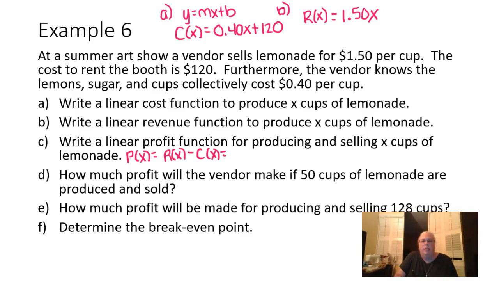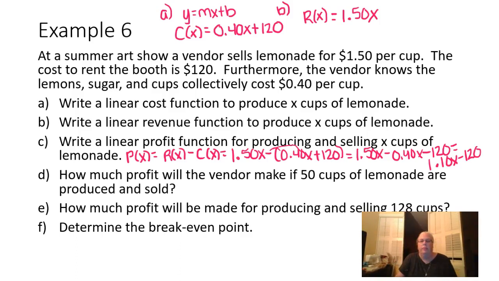In this case, this is going to be 1.5x minus (0.40x plus 120). And if we distribute that negative into the parentheses, we're going to have 1.50x minus 0.40x minus 120, which is going to give me a profit function of 1.10x minus 120. That's our profit function.